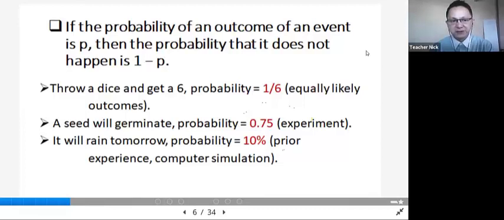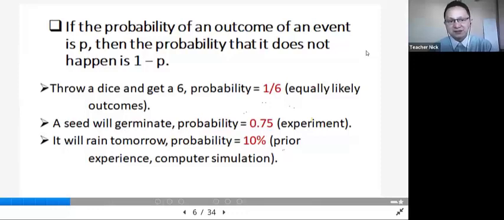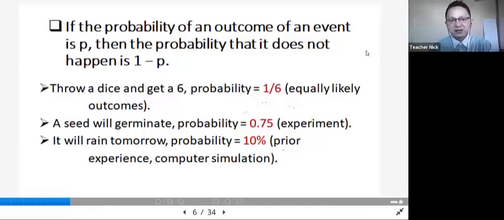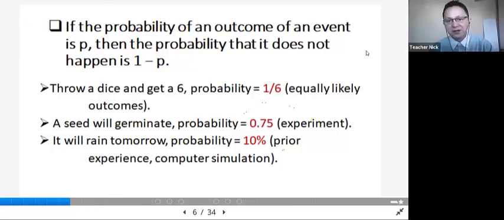Just like this example: throw a dice and get a 6. What is the probability of getting a 6 when you throw a dice? How many 6s are there in the set of dice? Only 1. So 1 out of 6.